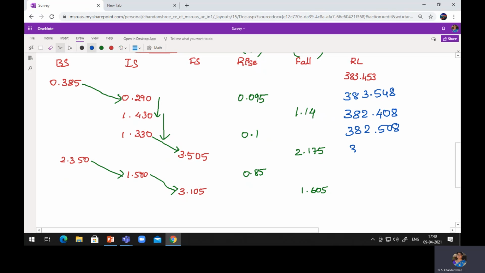So this becomes 380.333. For the next column, 380.333 plus 0.85. So it is 381.183.